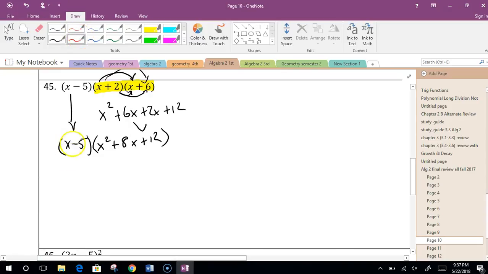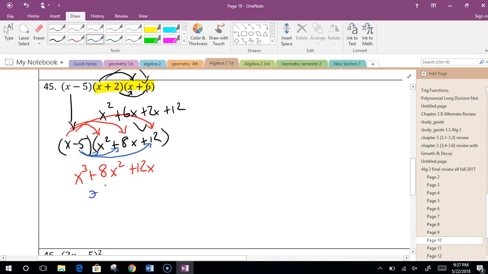But this time we're going to take the binomial and multiply it by the trinomial. Again, not a big deal. We're going to take x times everything here. So that would give us x to the third plus 8x squared plus 12x. And then we're going to take 5 times everything, negative 5, I'm sorry.